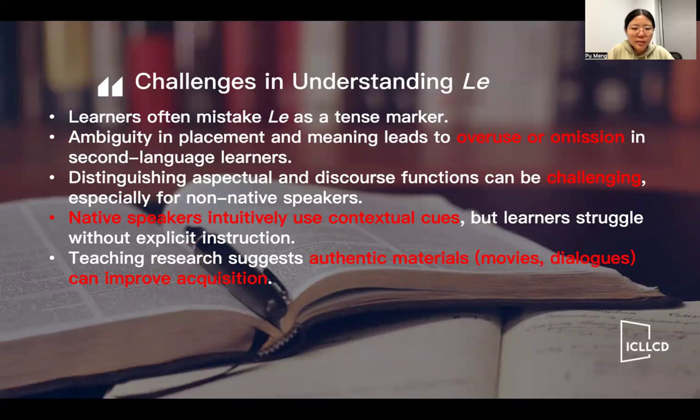Distinguishing the aspectual and discourse functions can be challenging, especially for non-native speakers, because non-native speakers do not usually use contextual cues to predict whether le should be used or not. Native speakers intuitively use the contextual cues, but learners struggle without explicit instruction.